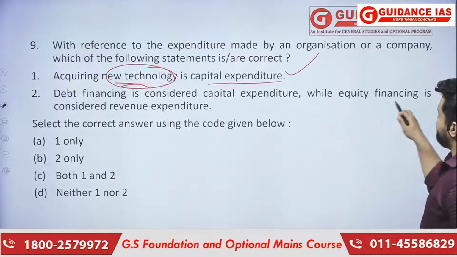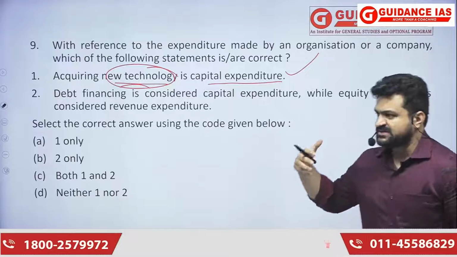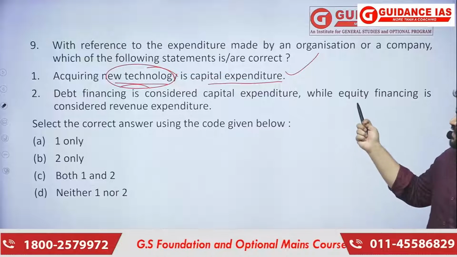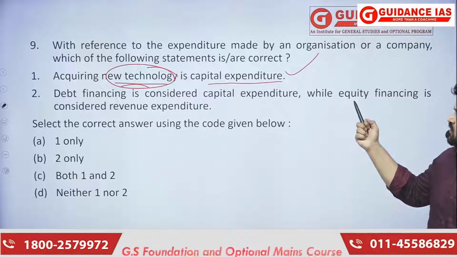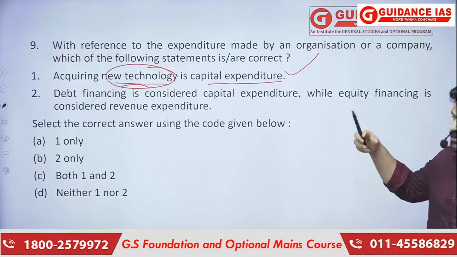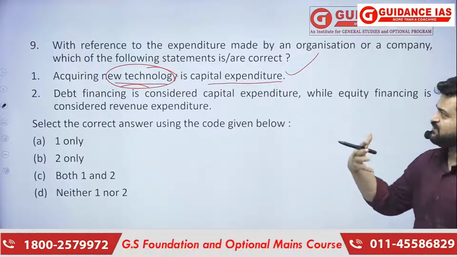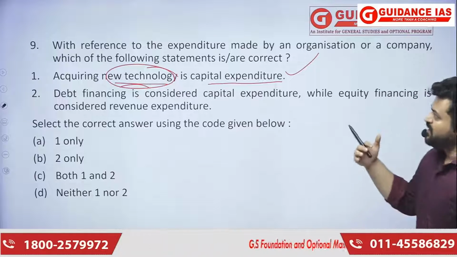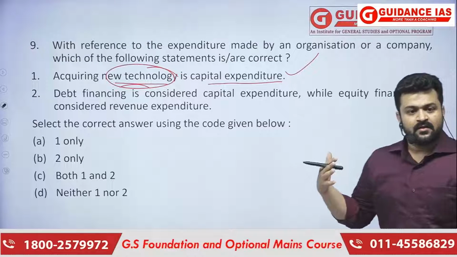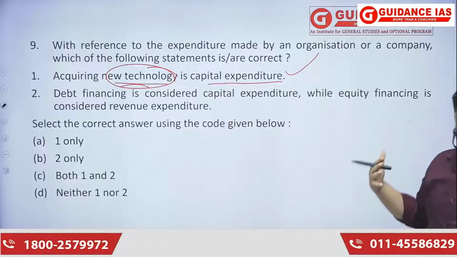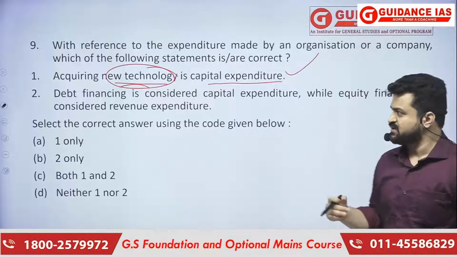While equity financing, what is equity financing? Means selling a part of ownership. That also is going to bring about a change in the asset. So how do you differentiate between revenue and capital expenditure? Capital expenditure brings about a change in the asset and liability, while revenue expenditure does not bring about any change in the asset and liability.